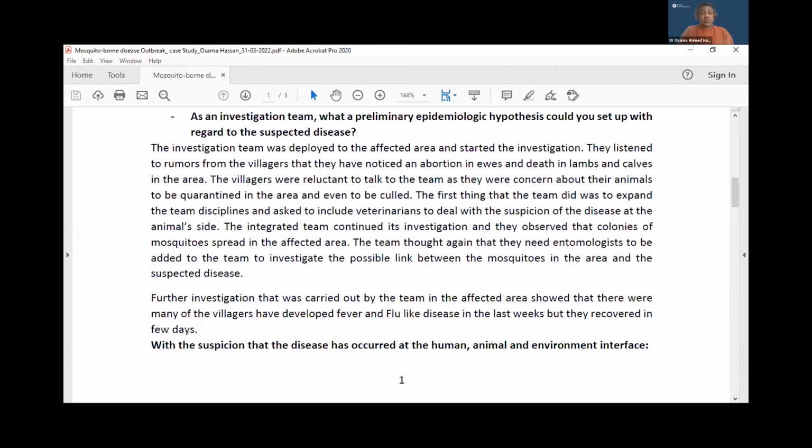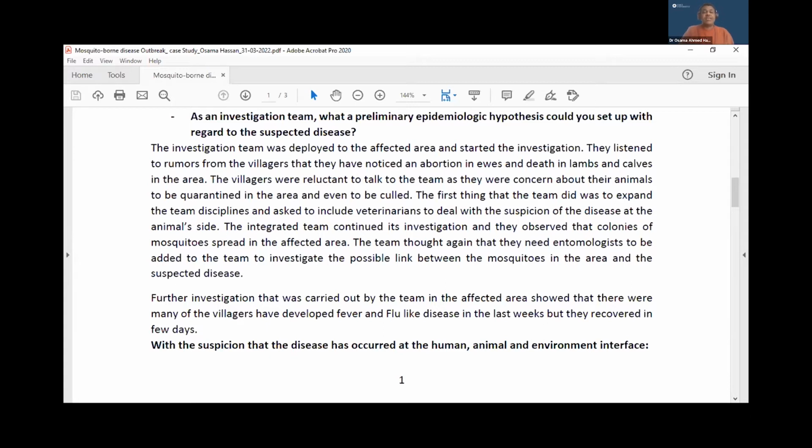The villagers were reluctant to talk to the team as they were concerned about their animals to be quarantined in the area and even to be culled, to be gotten rid of. So the first thing that the team did was to expand the team disciplines and ask it to include veterinarians to deal with the suspicion of the disease at the animal side. Okay.